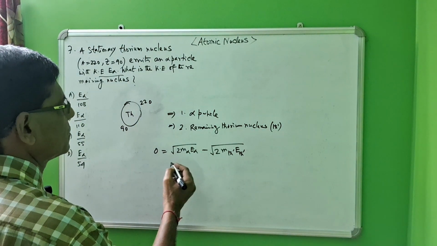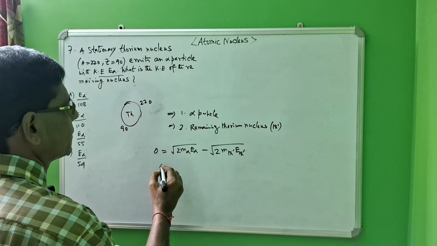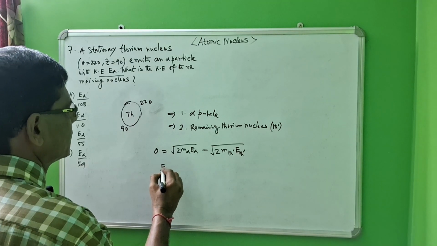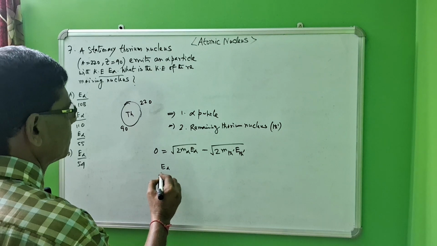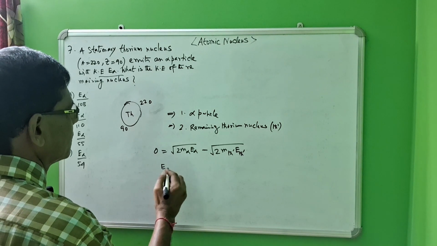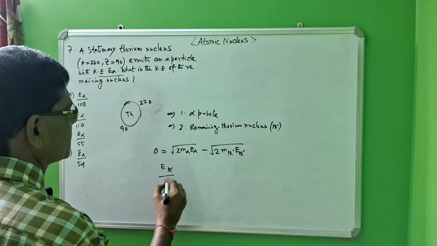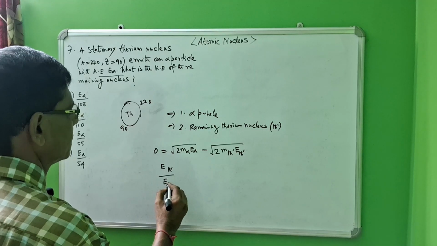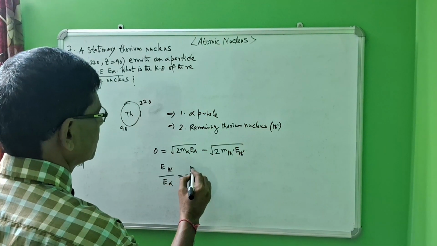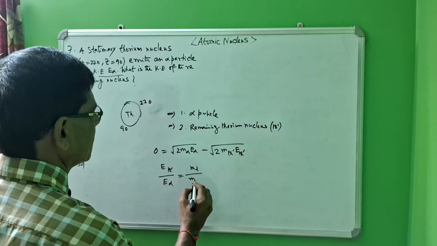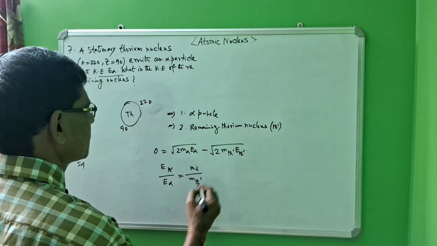So the minus sign gives us, from here, E thorium dash upon E alpha equals m alpha upon m thorium dash.